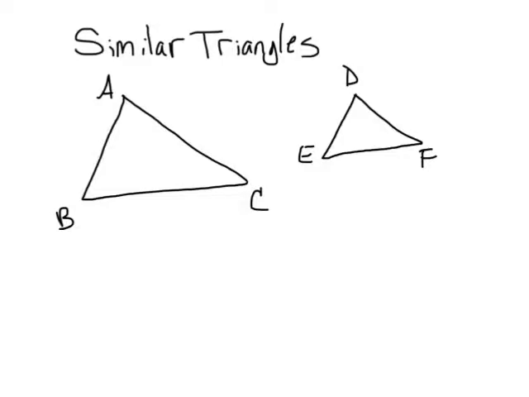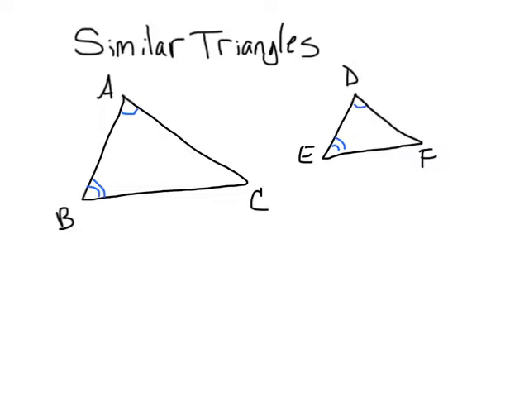Two triangles are going to be similar if their corresponding angles are congruent. That's the only thing that we need to show that triangles are similar. So if I take a look at these two triangles here, and I'm given that, let's say, angle A is congruent to angle D, and angle B is congruent to angle E. Well, we know the sum of the angles has to add to 180, right?